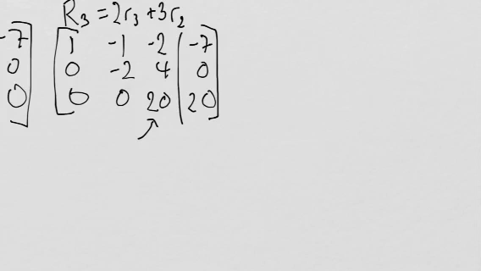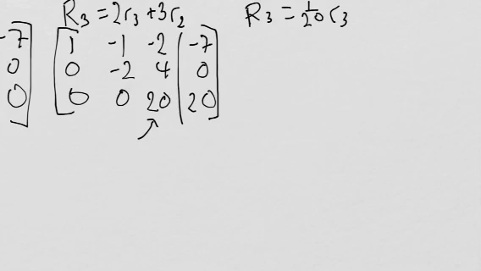When everything else in the row is 0 except for 1, an easy thing to do is multiply by its reciprocal. So R3 equals 1 over 20 times R3.